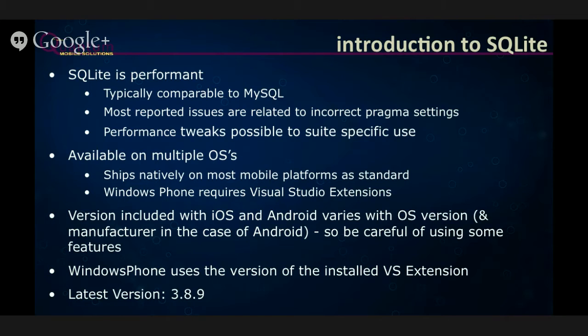Not only can it be different between the different versions of the OS, but it changes by manufacturer, because it's not defined by Google as part of the OS. So if you're running KitKat on Samsung, it could depend on the model. Even with Samsung, one model could have a different version of SQLite than another, where both of them are running KitKat, for example.